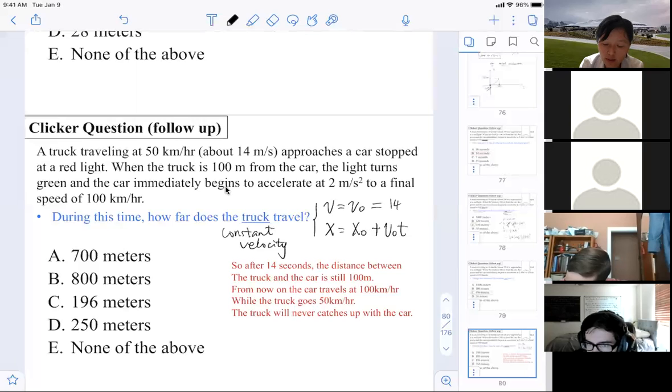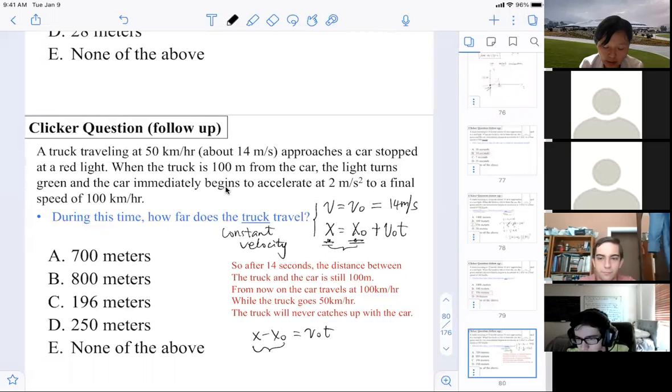That constant velocity is 14 meters per second. If I want to see the final position of the truck, I can plug in my initial position x naught. Or I have another option: if I wanted to know the total distance, then I'll calculate this whole thing instead. So that's really up to you what you want to do.